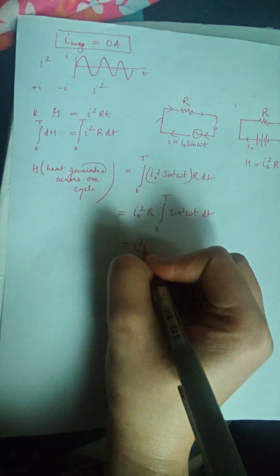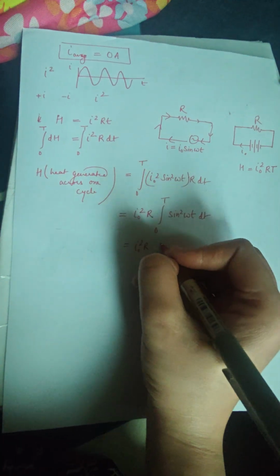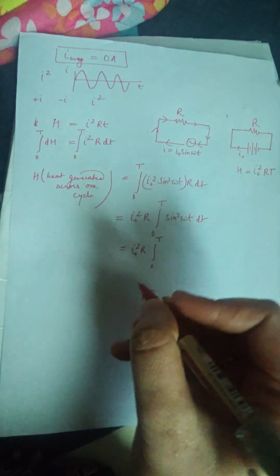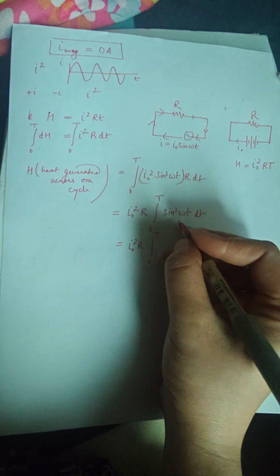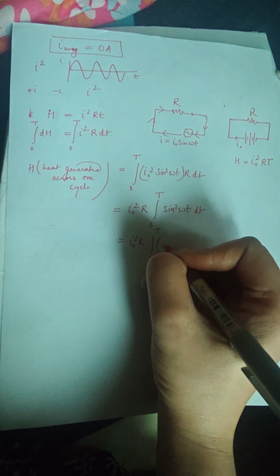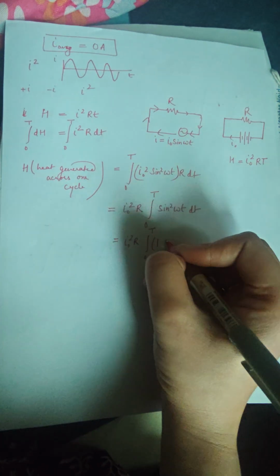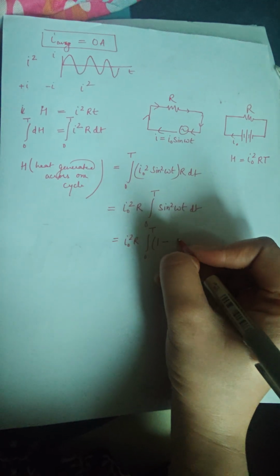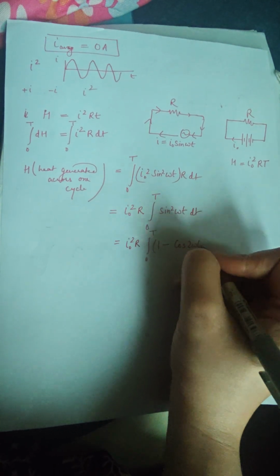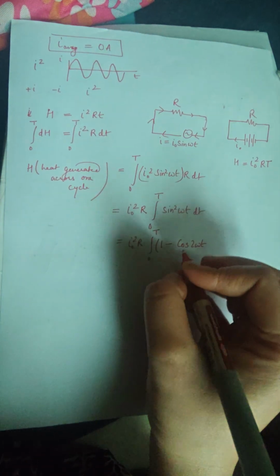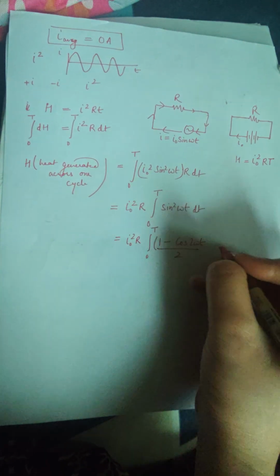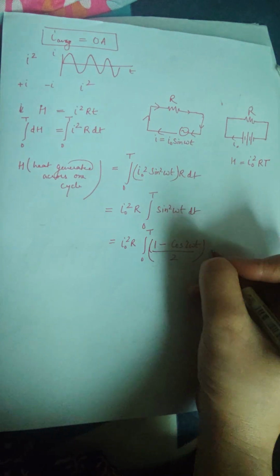Yes, now I'll just take out I naught square R. अब साइन स्क्वायर का इंटीग्रेशन करने के लिए I'm gonna substitute, and I'm gonna use this identity: 1 minus cos 2 omega t upon 2 would be here dt.